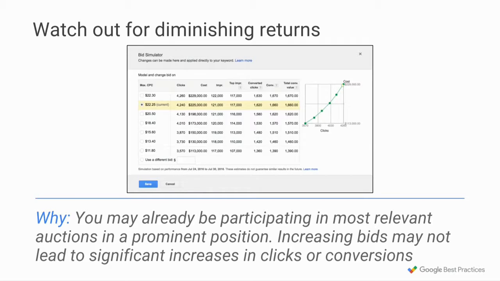You need to watch out for diminishing return, and what you're really trying to achieve is to make each device perform as close as possible to your average, so you will increase your overall conversion at the same cost. And I think we can now move to Q&A.